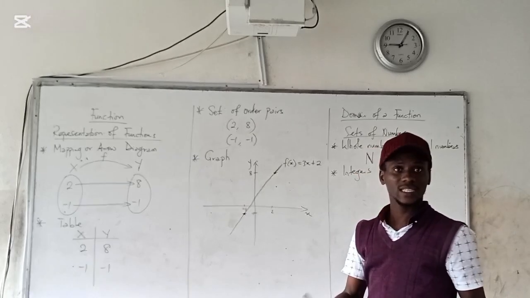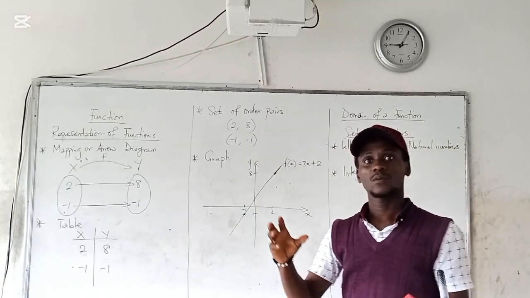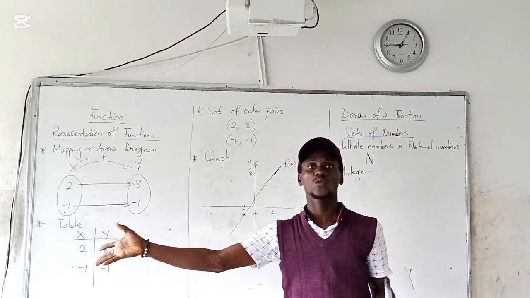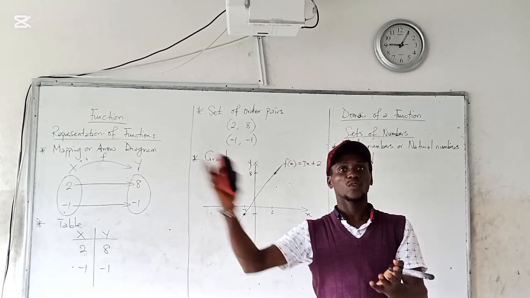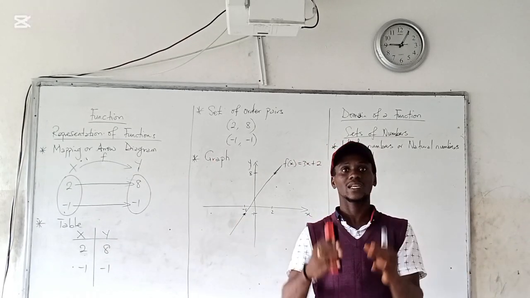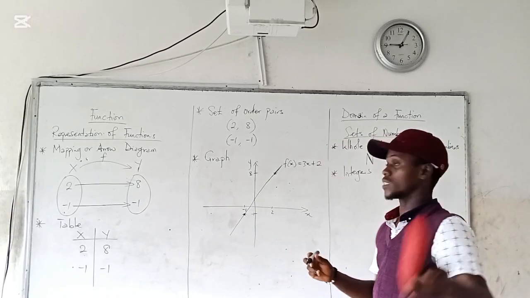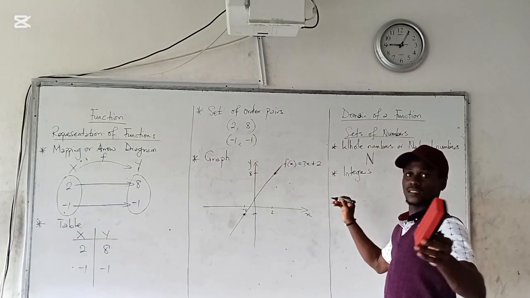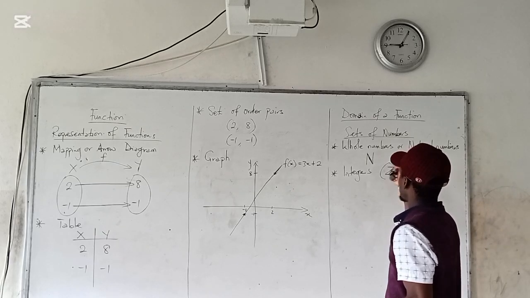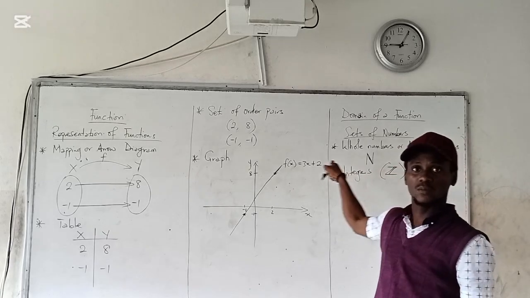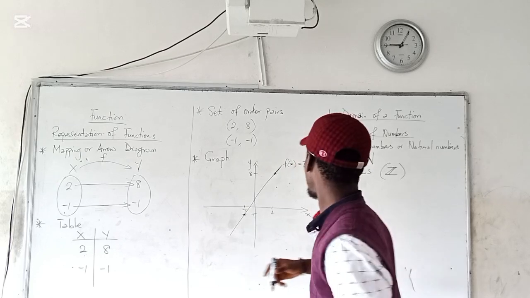Then you have integers. What are integers? Integers are made up of positive whole numbers, negative whole numbers, and 0. So that's what we call integers. And the symbol for integers is this. So if you see this kind of symbol in your math textbook, that is an integer.